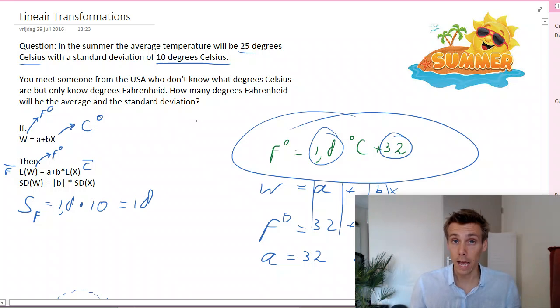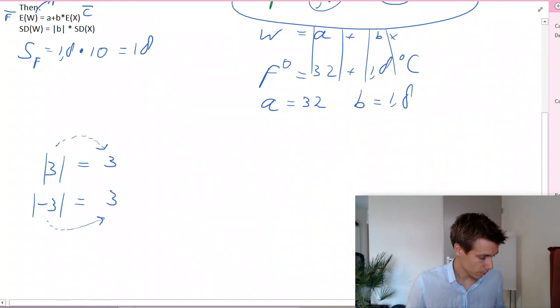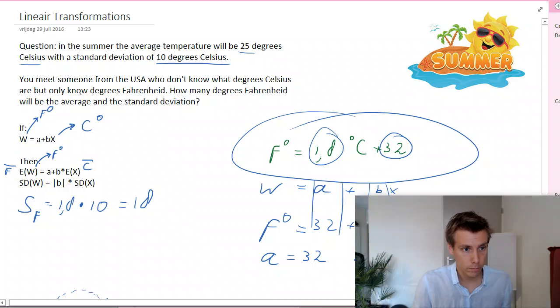So the answer to this question, how many degrees Fahrenheit will be the average and the standard deviation: the average will be 77 degrees and the standard deviation 18 degrees.